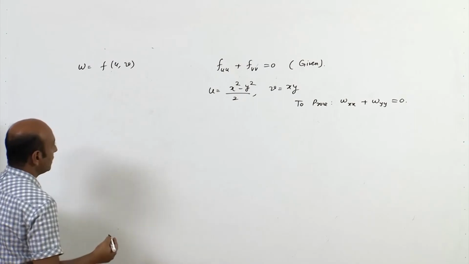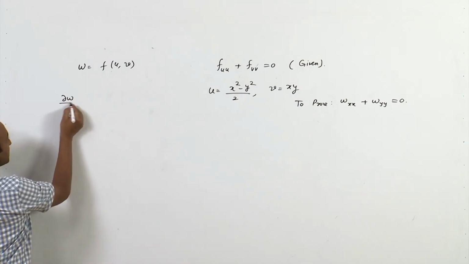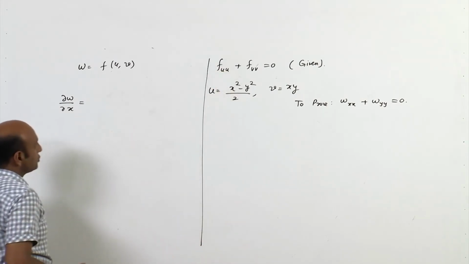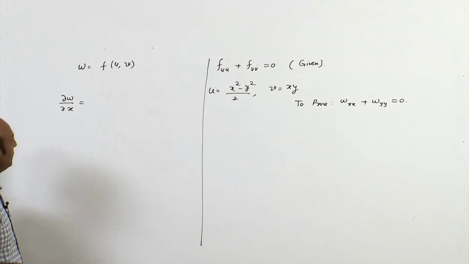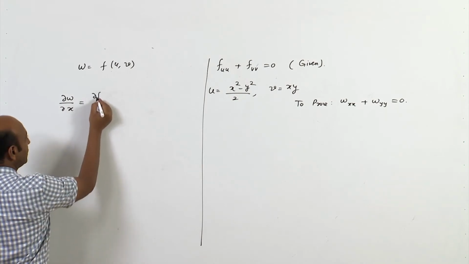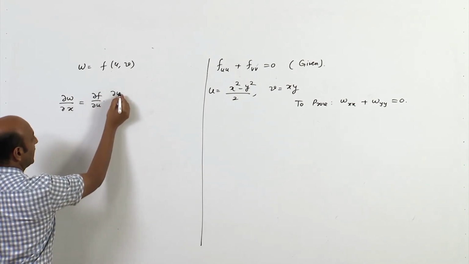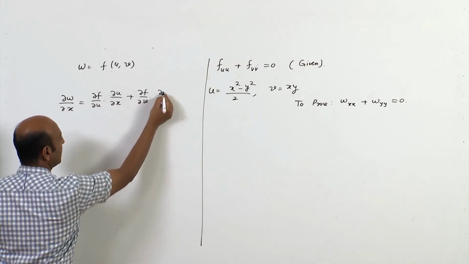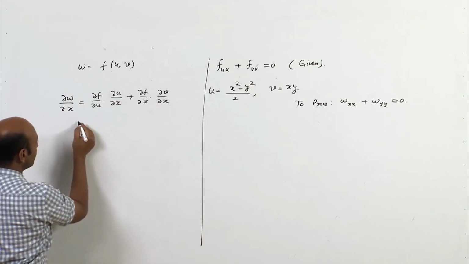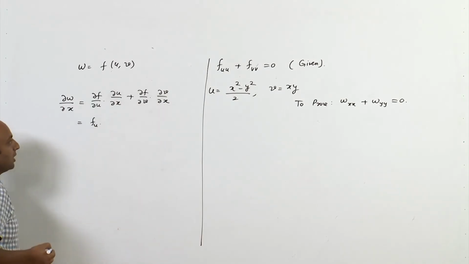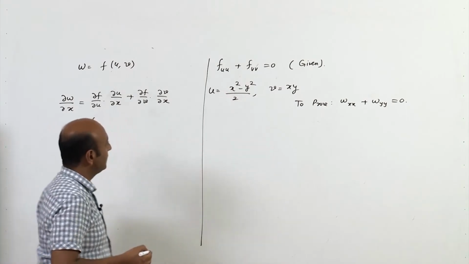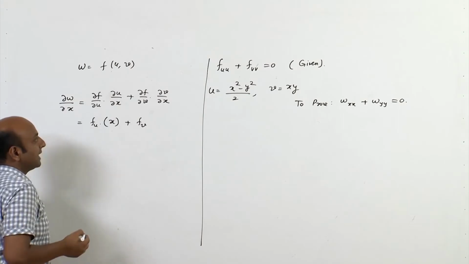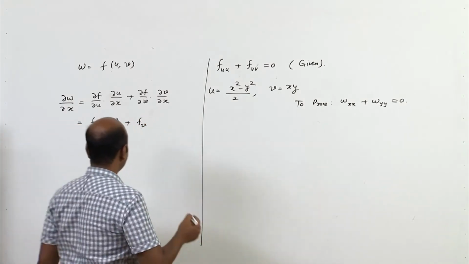So, let us compute del w by del x first. By the chain rule, it is del f by del u into del u by del x plus del f by del v into del v by del x, which is equal to f u into del u by del x, from here it is x, plus f v into del v by del x, from here it is y.